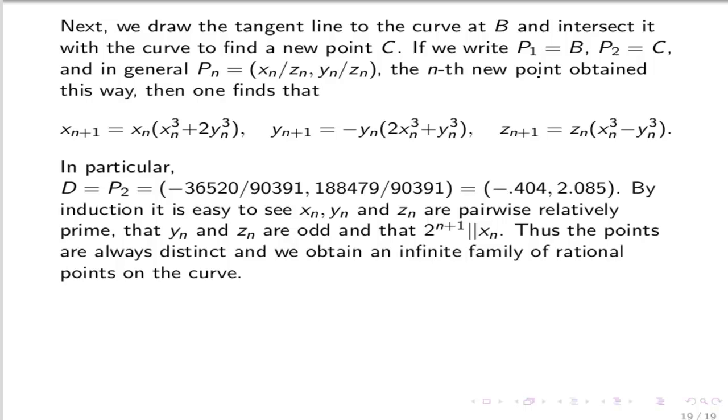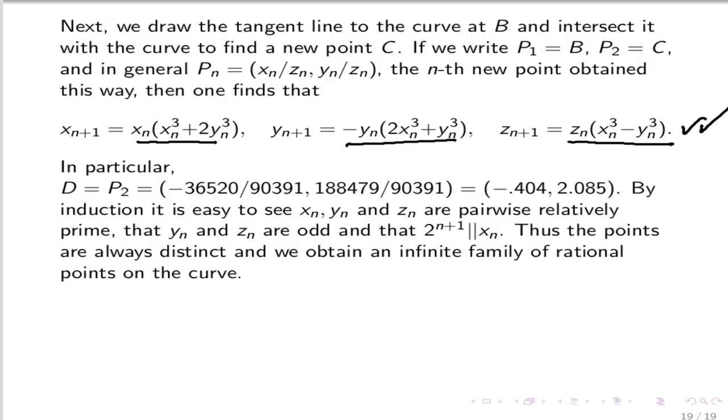And with a little calculation, you'll find this type of recursion, that x_{n+1} is xn times this, y_{n+1} is minus yn times that, and z_{n+1} is zn times this. So you can very quickly get the successive points using this recursion right here.